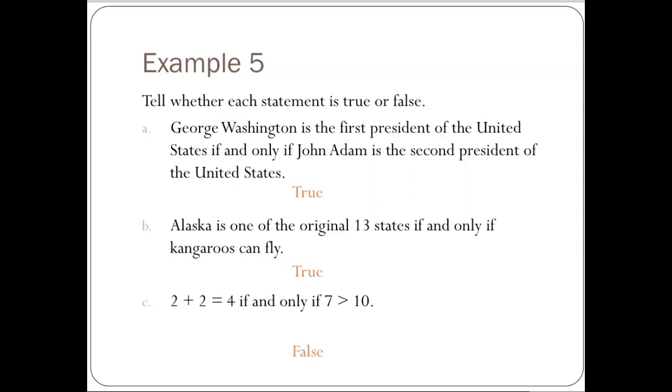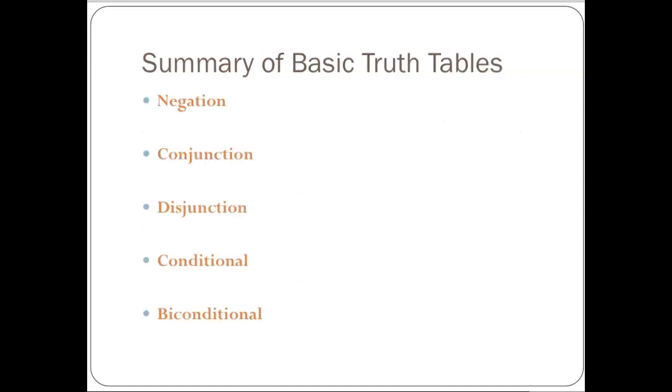Okay, so a summary of all the basic truth tables that we've gone over up to this point. We're going to summarize it here. Hopefully this will be helpful, putting it together for everyone. So negation, this is when you have not P. It has the truth value that is opposite whatever P is.